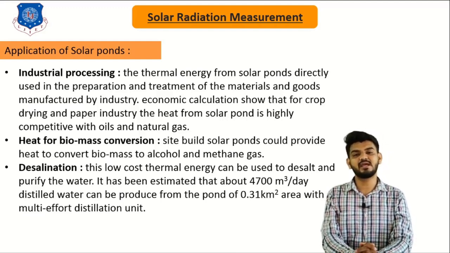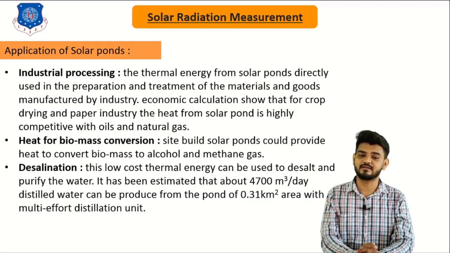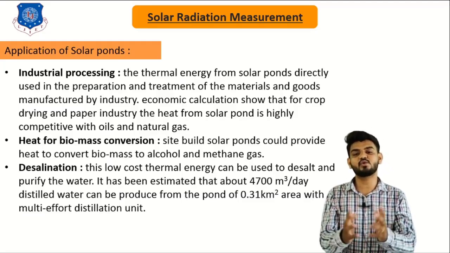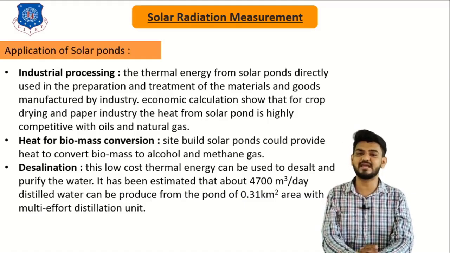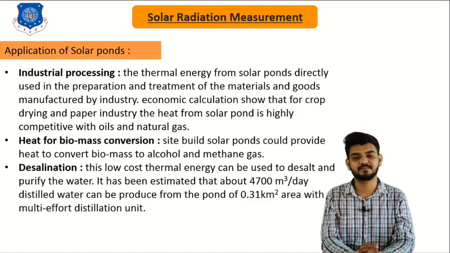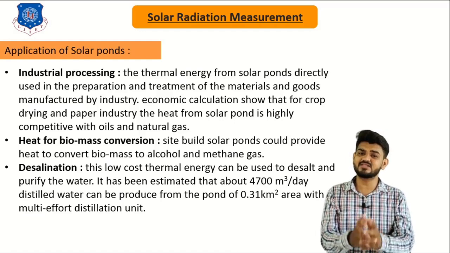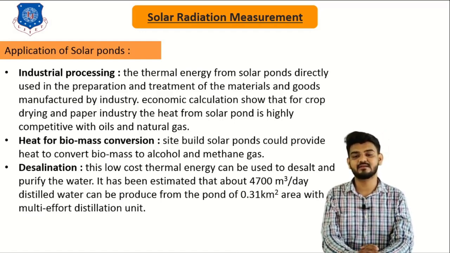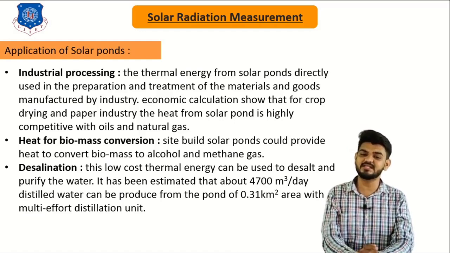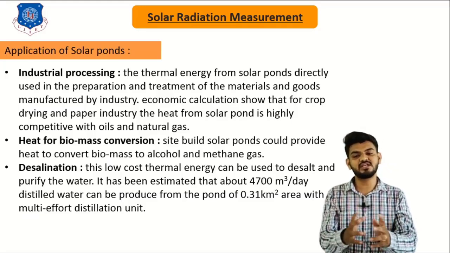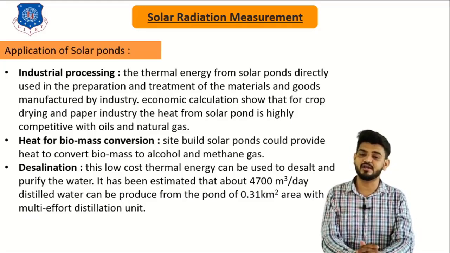Then we have heat for biomass conversion. An inside-built solar pond could provide heat to convert biomass into methane and different natural gases. Then we can utilize this solar pond for desalination. Low cost thermal energy can be used to desalt and purify water.